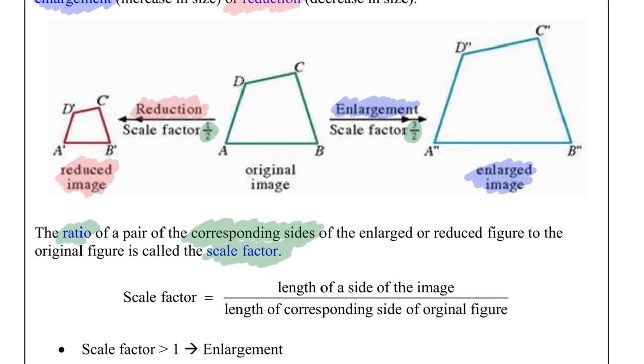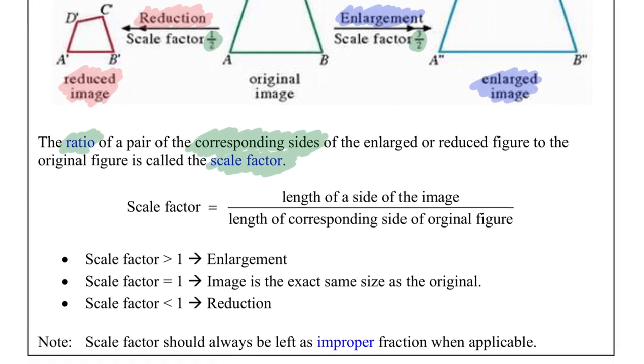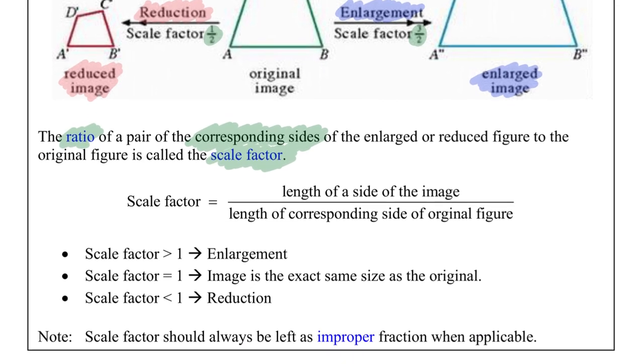So as we move on, there is some interesting property of this scale factor. The very first thing is, you must know that we always use the side of the enlarged or reduced figure divided by the side of the original figure.